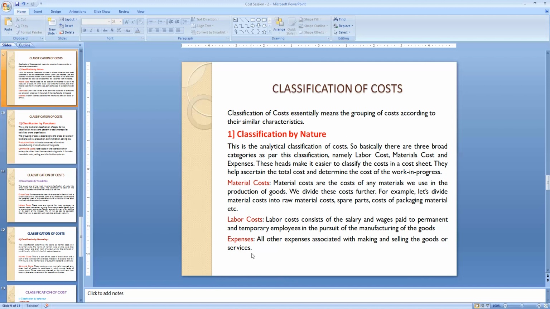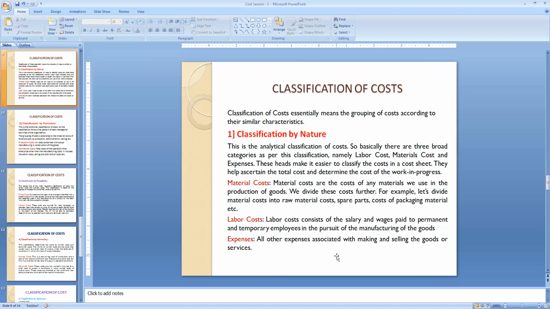The next category is called expenses. We know that expenses are incurred when a benefit is availed; after availing the benefit, the monetary amounts are paid. They are called expenses. Again, in the case of expenses, there are two types: direct expenses and indirect expenses. What do direct expenses mean?